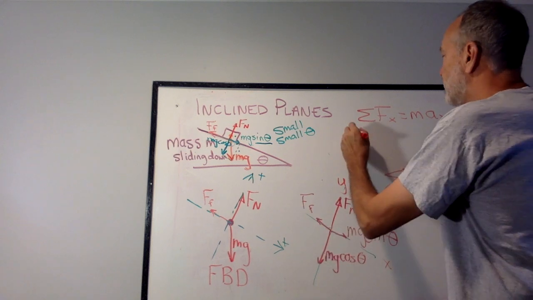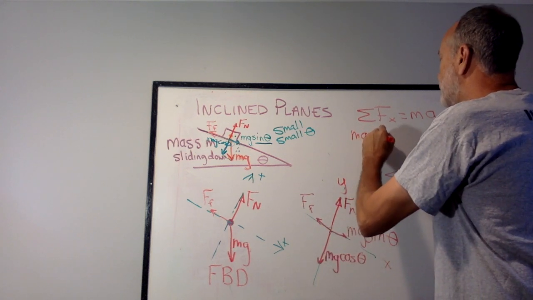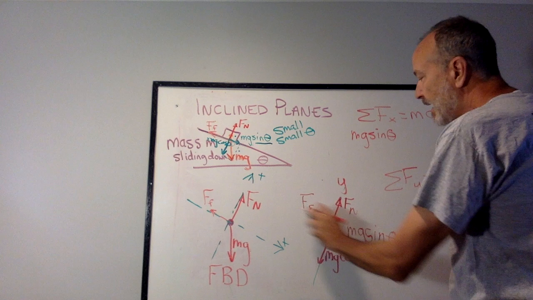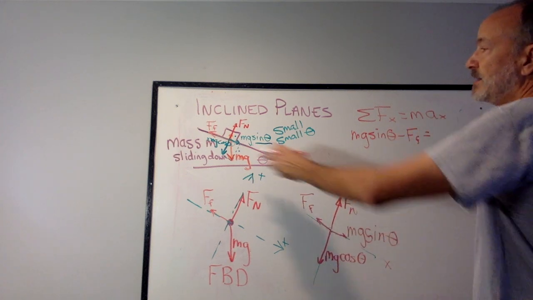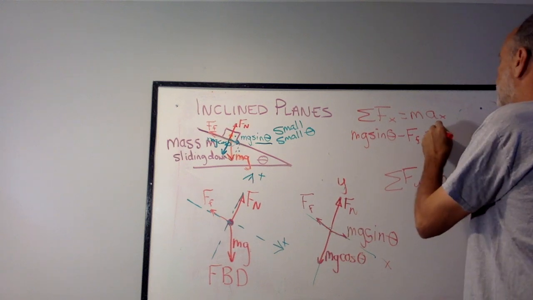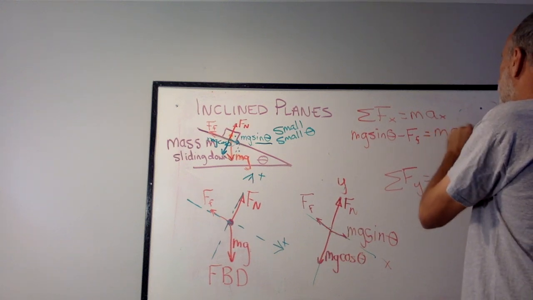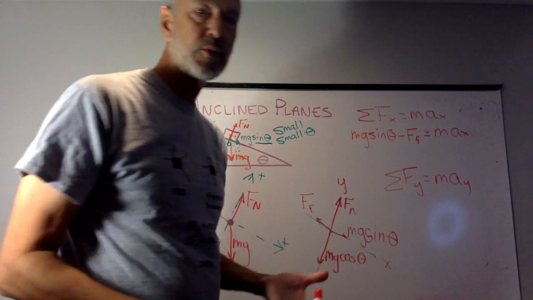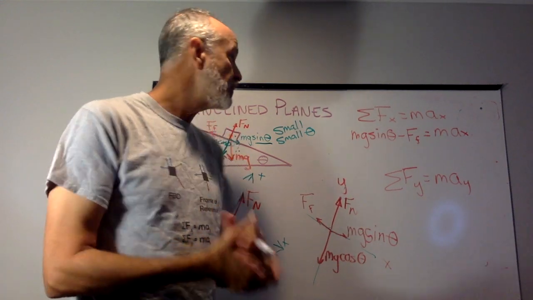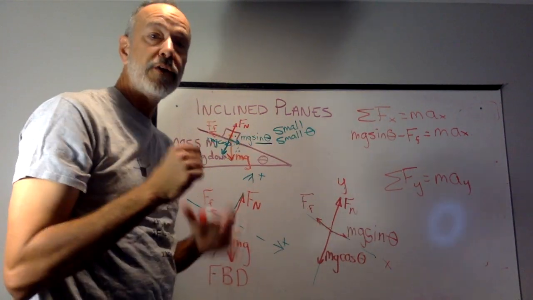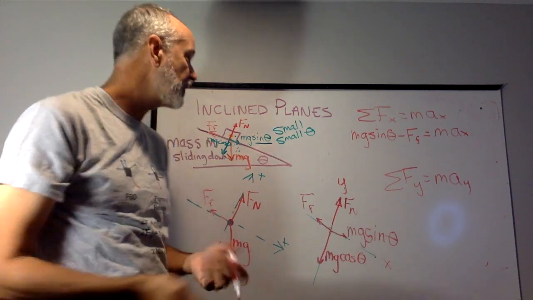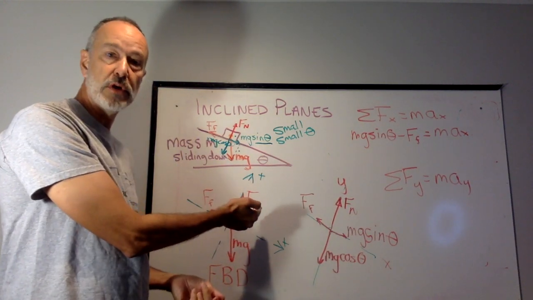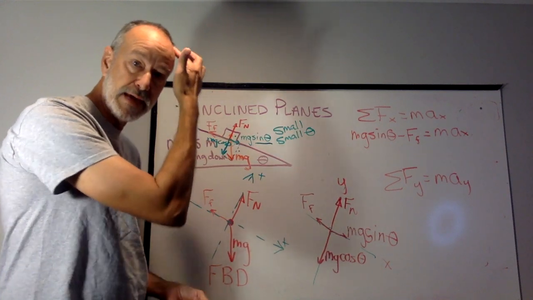Remember I called that positive. Mg sine theta minus the force of friction. Force of friction is pushing in the negative direction in this case, if it's sliding down, equals ma in the x direction. The y direction, that's all I can really do right now. Eventually, when we've learned friction and we know how to calculate friction, friction is related to the normal force. So I'm going to show you what we do with that in a second.